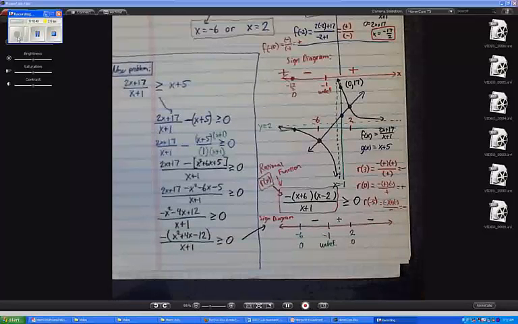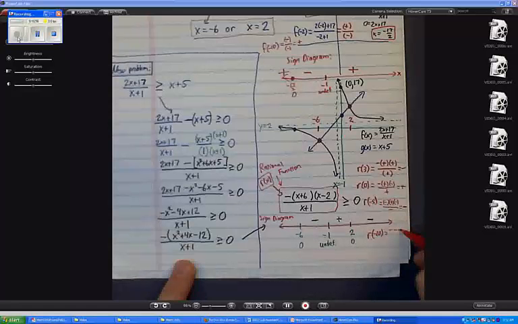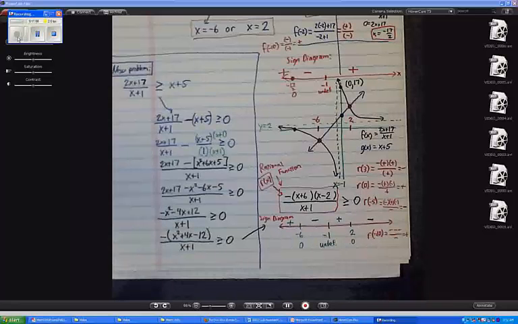And the last one, something like r of -10. Well, here they're all negatives. Negative, negative, negative over negative. And what's that give me? Positive. So in this example, the sign diagram looks like this. Plus, minus, plus, minus.